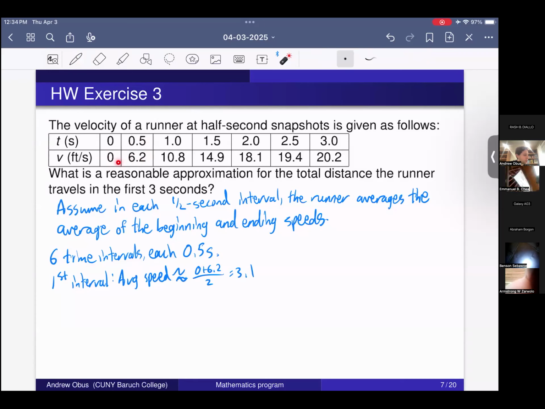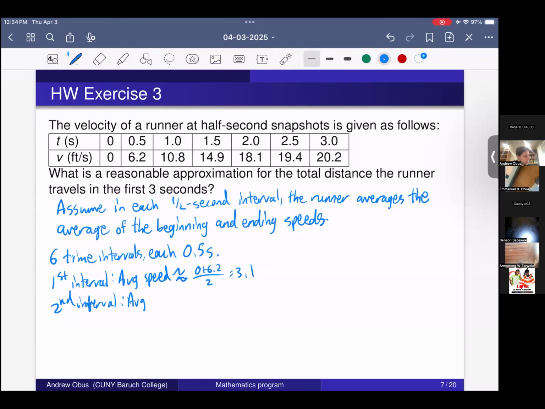So on average, maybe we can guess that the speed is 3.1 during that first time interval. Second interval, average speed should be approximately 6.2 plus 10.8 over 2. That's going to be 8.5.